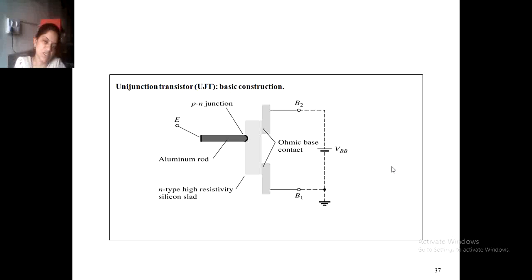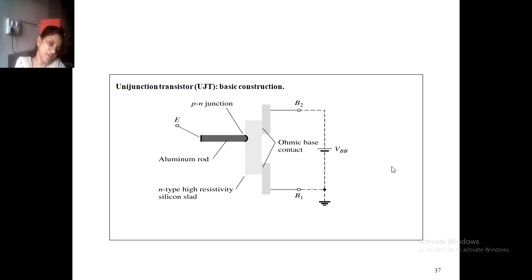So this is the unijunction transistor, that is UJT. Why is it known as the UJT? Because only one type of charge carrier is responsible for producing the current. The figure shows the construction of the UJT. It has three terminals: emitter and two bases, B1 and B2.